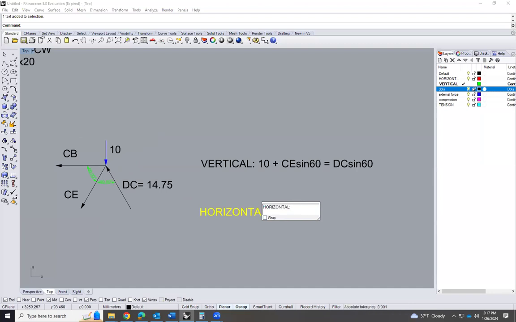Okay, so what is the first thing that goes left? CB, plus. CB is horizontal, so we don't have any sine or cosine, it's just CB. Now the horizontal component of CE is CE cosine 60, plus the horizontal component of DC, which is DC cosine 60.